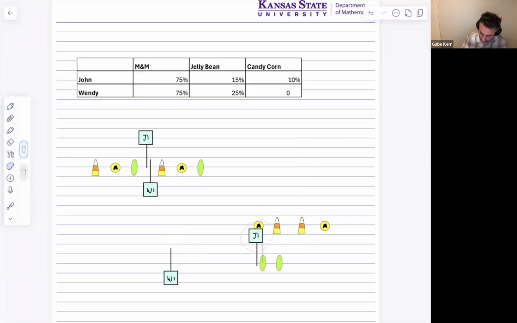And so what's the problem here? Well, if we look at Wendy's value system, Wendy got 150 out of 200, or if you want, 75% of the value of the assets according to her, which is fine. I mean, that can happen.